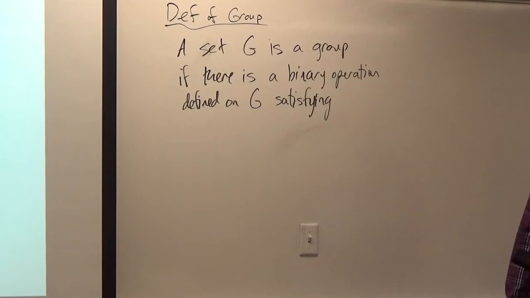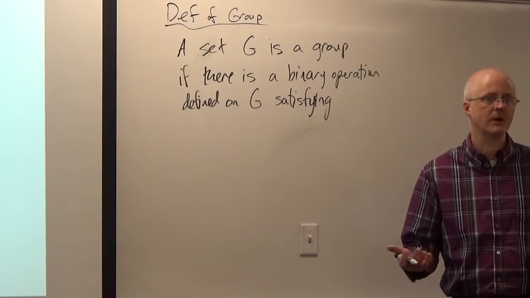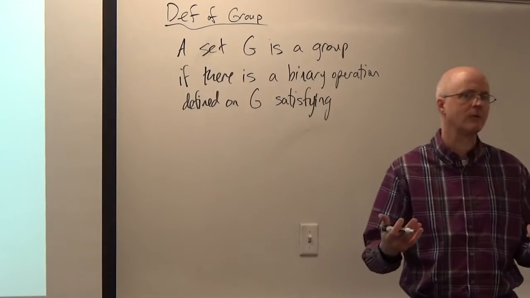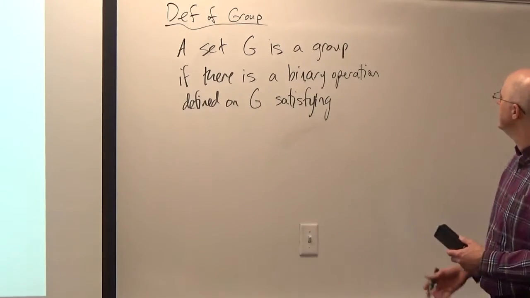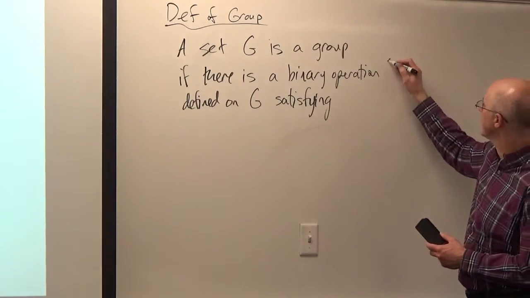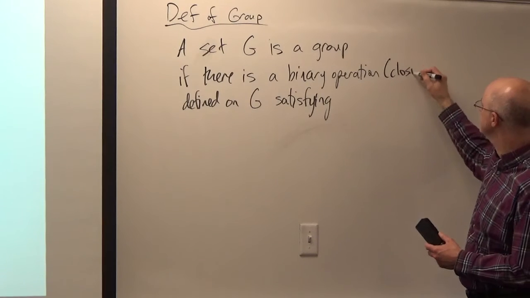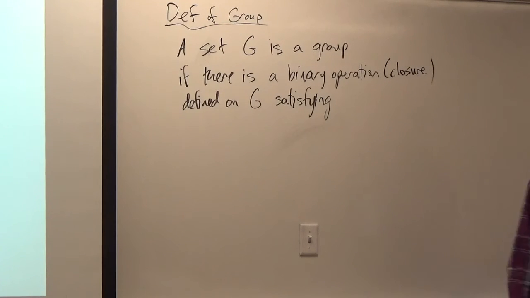You don't have to add the word closure there next to binary operation because, as I've emphasized pretty much every day, in our book, binary operation implies closure. In general, that's actually not true. Not all mathematicians take binary operation to imply closure. They would just mean it's a way of combining two things to get a new thing. You wouldn't have to add the word closure in parentheses here, but I will. But that would be assumed. It would be okay for you to just say binary operation.